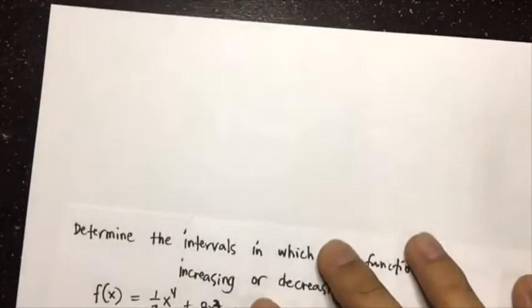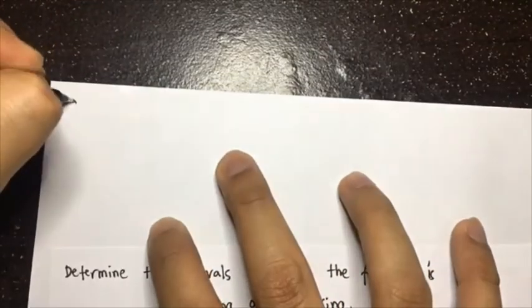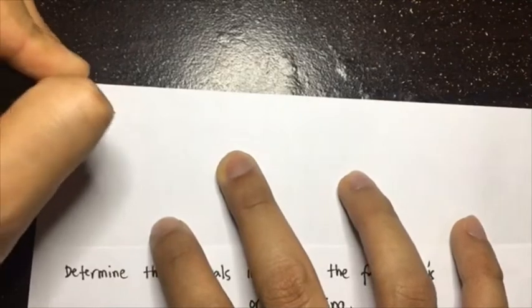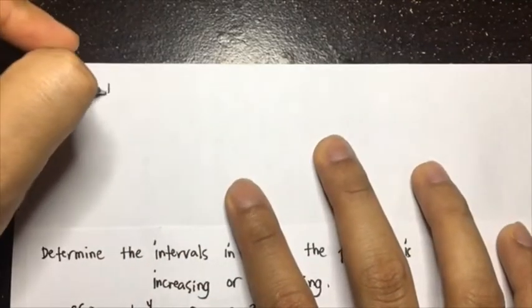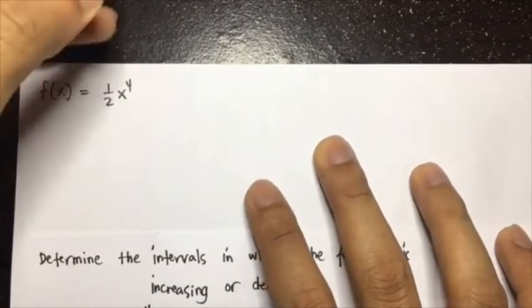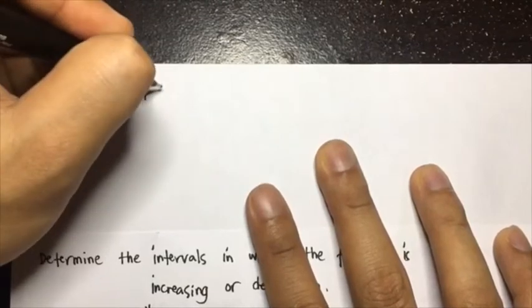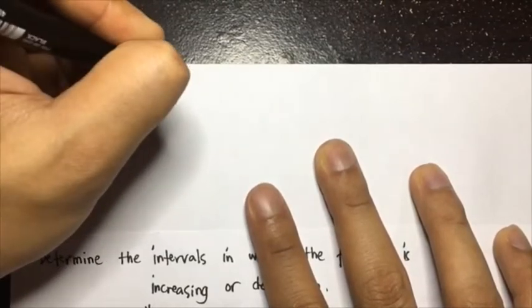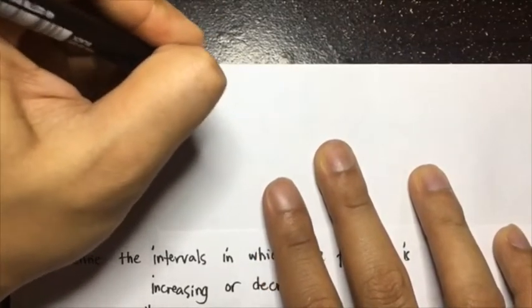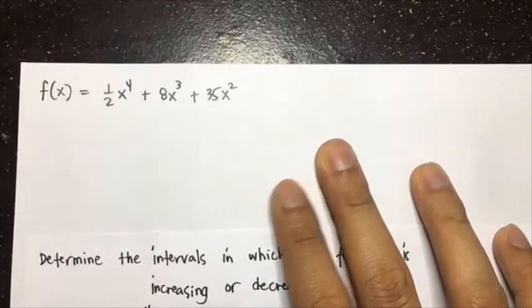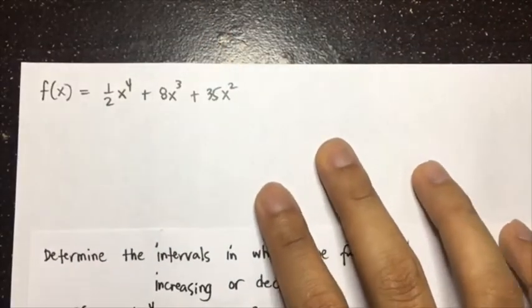So again, the given function f of x is equal to 1/2 x to the 4th plus 8x cubed plus 35x squared. So we locate those 3 points.